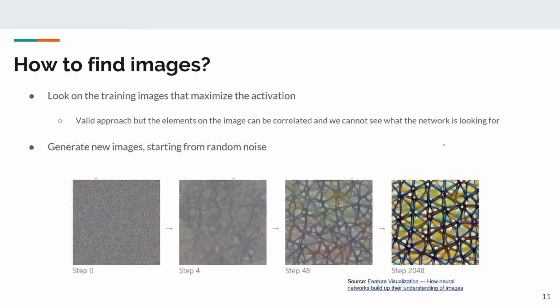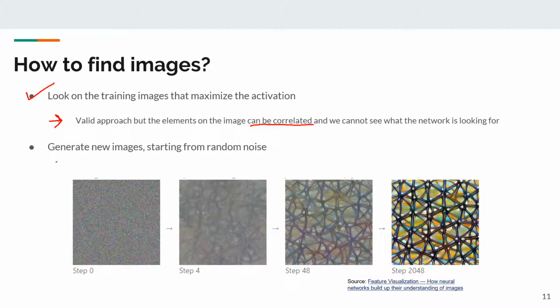So, how to address this optimization problem and find images? First, why should we generate new images? We could simply search through the training images and select those that maximize the activation of the unit. This is a valid approach, but using training data has the problem that elements in the images can be correlated, and we can't see what the neural network is really looking for.